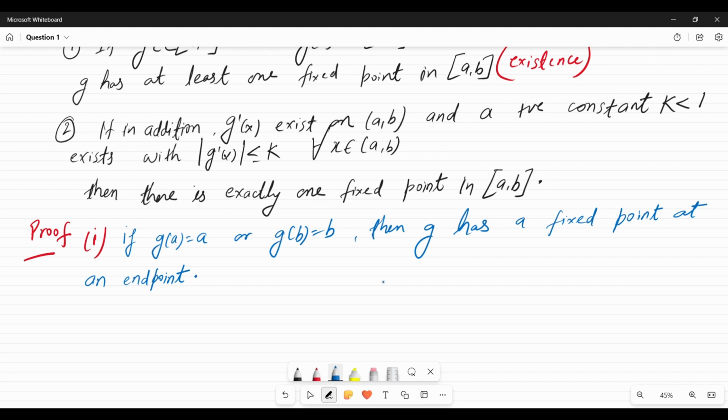If not, like we have to find a fixed point between a and b, right? So if not, then g(a) should be greater than a and g(b) should be less than b.